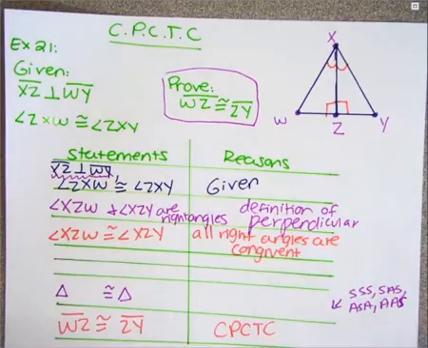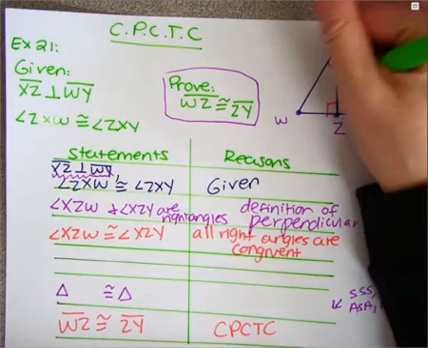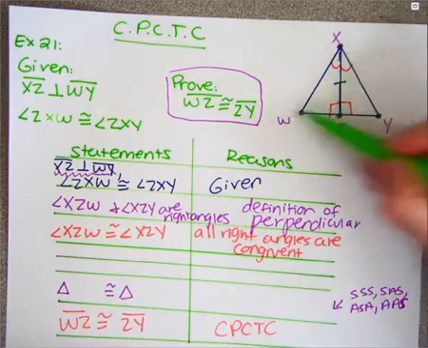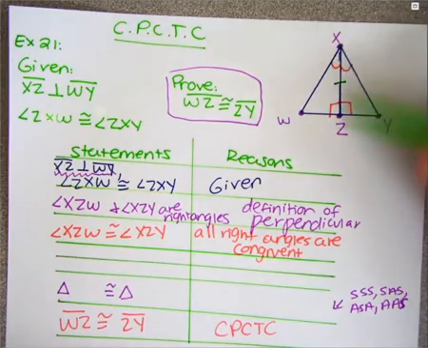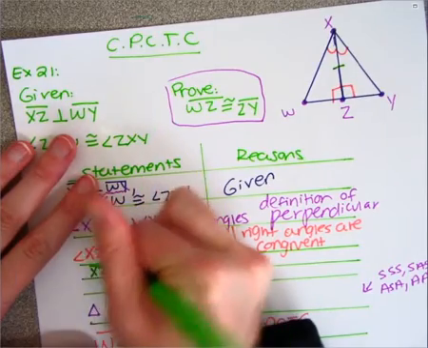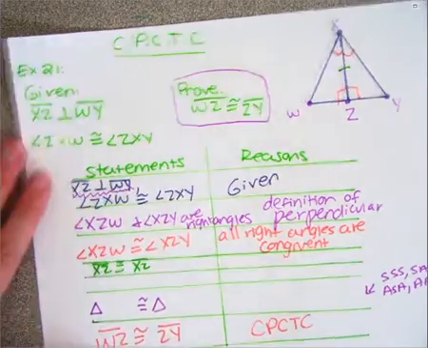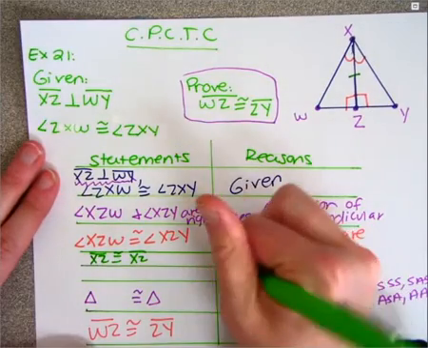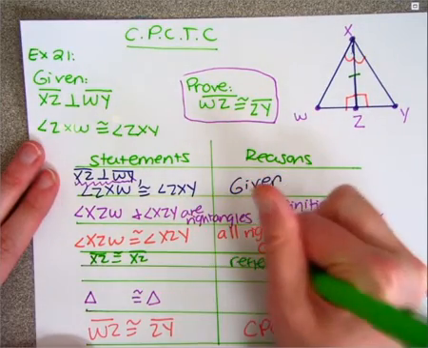Oh man, I see it too, you guys. XZ is a shared side. XZ is in this triangle and this triangle. So I can say that XZ is congruent to XZ because it's a shared side. And when we say something is congruent to itself, that is by the reflexive property.